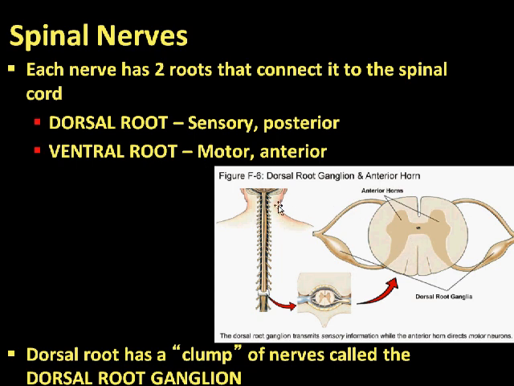And you can see this picture here, a little bit small in yours. The anterior horns are here. Anterior meaning the front. The posterior horns are down here. There are also clumps of nerves here in the spinal cord, or just outside the spinal cord, called ganglia on each side. These are the dorsal root ganglion, or ganglia plural.